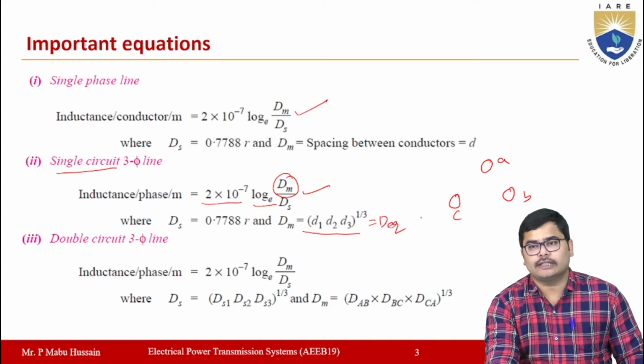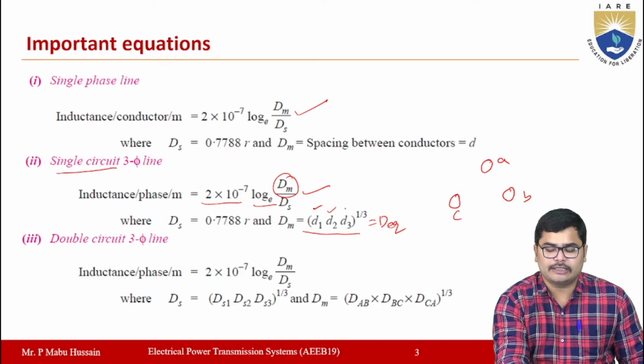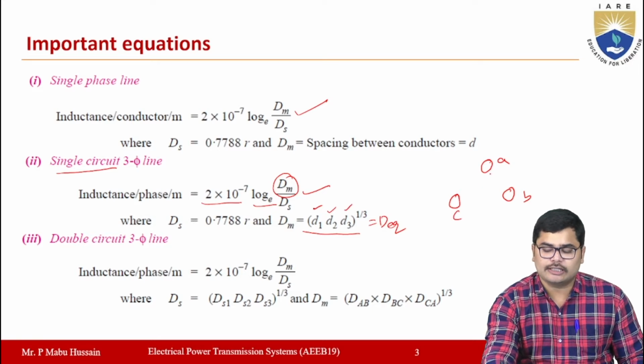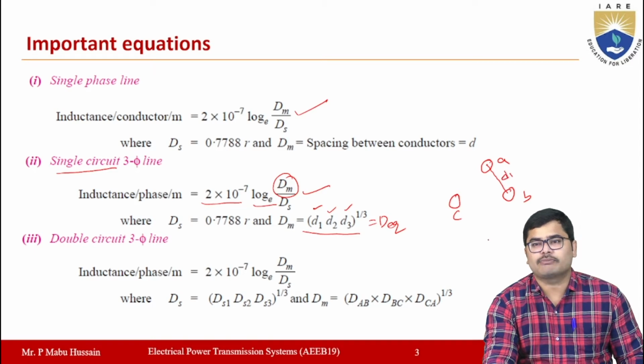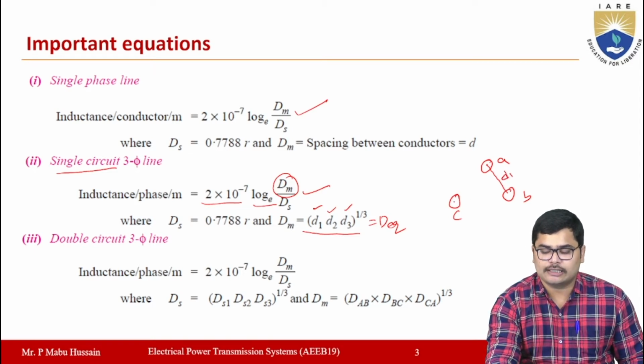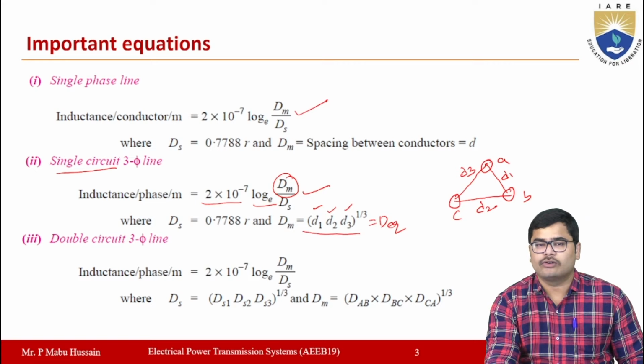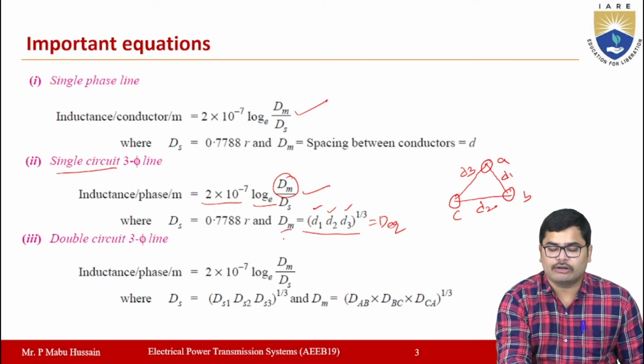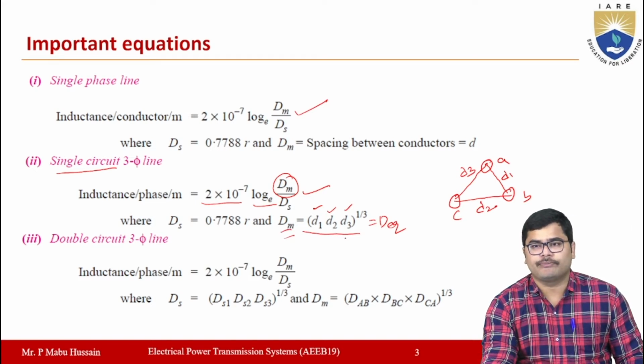Here d1, d2, d3 are the distances between the conductors in the three-phase system: between A and B the distance may be d1, between B and C d2, and between C and A d3. We consider these distances for calculating the mutual GMD of a single circuit three-phase transmission line.